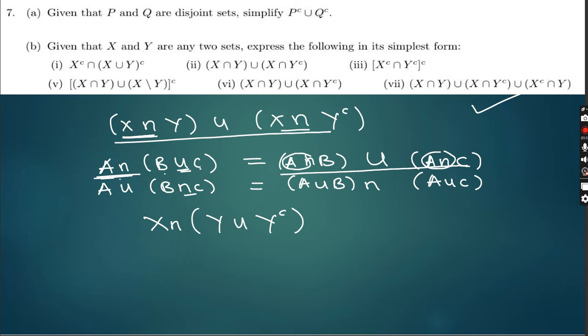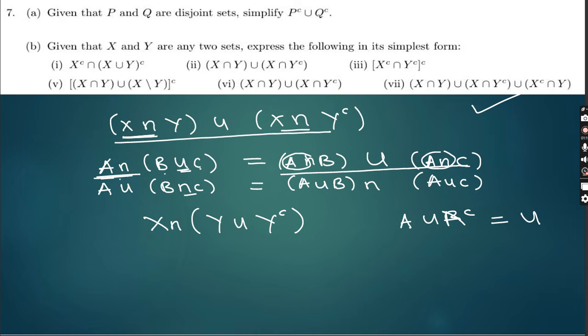What happens when you are uniting a set with its complement? These are some of the rules you need to know. A union A complement, the answer is the universal set. Let me give you an example, as you may understand using examples.